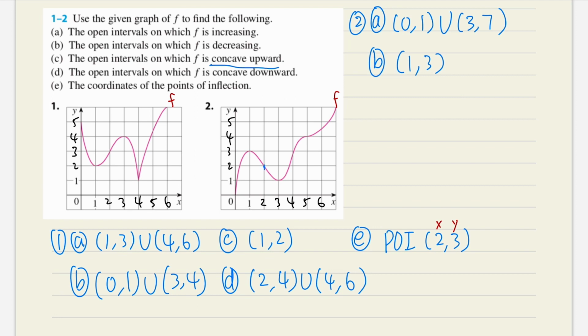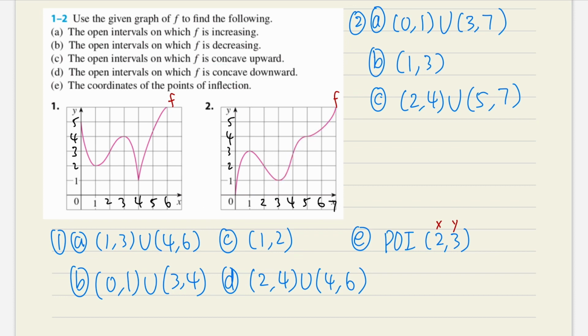It looks to me like it's from 2 to 4, and also from 5 to 7. The last number here is 7, of course. So for C, we have 2 to 4, and then another interval, 5 to 7.